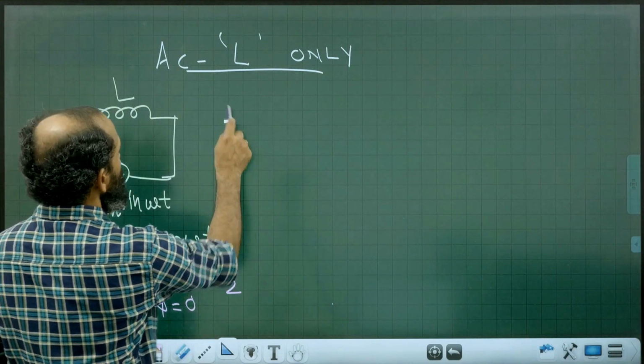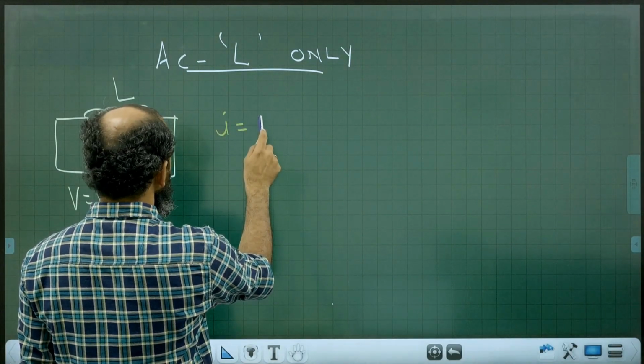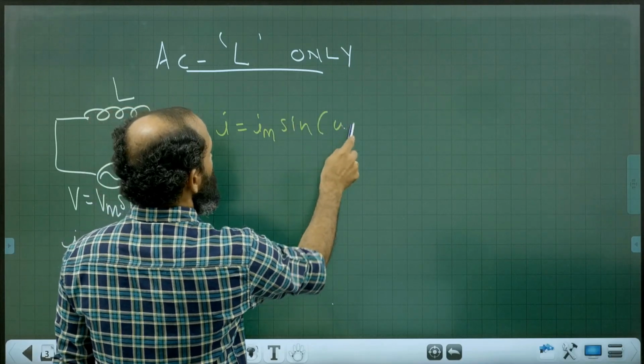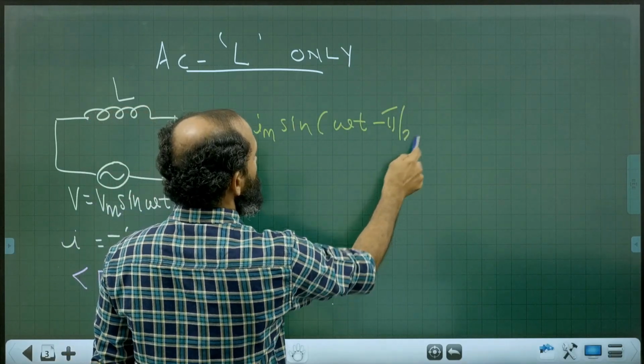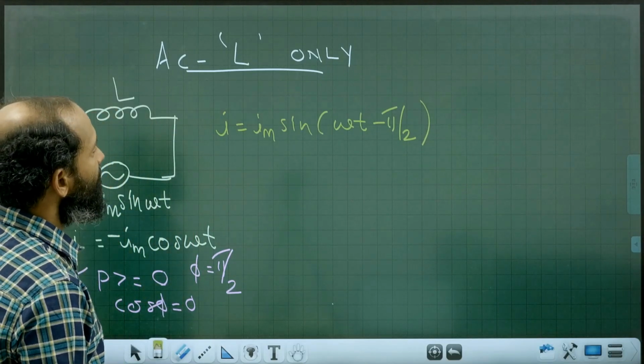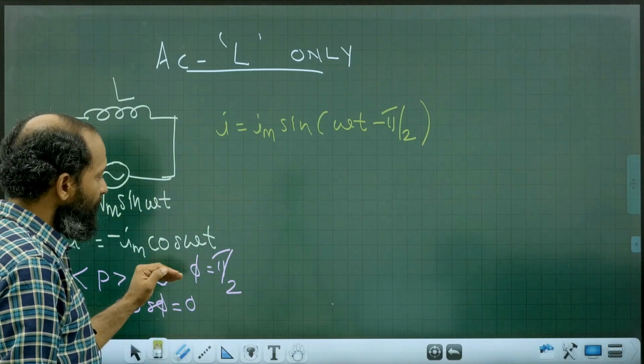This current can also be written as I equal to Im sin omega t minus pi by 2. It clearly tells you that the current is lagging in phase by pi by 2. So average power consumed is 0 because the phase angle is pi by 2.